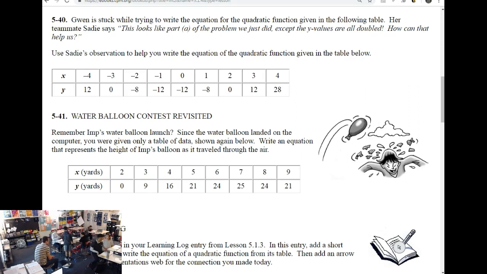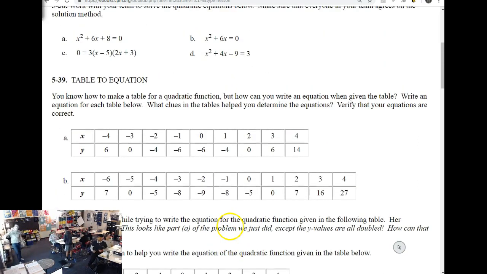Questions about what we're doing today? First, solve the equations, just to refresh that from last week. Then, given the data table, how can we write an equation just from the table? And then how do we know that it's right? Questions? Go for it.